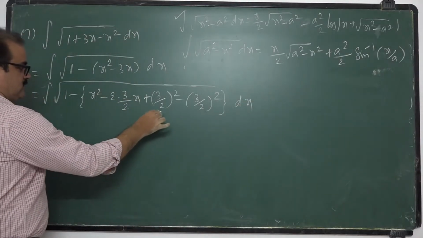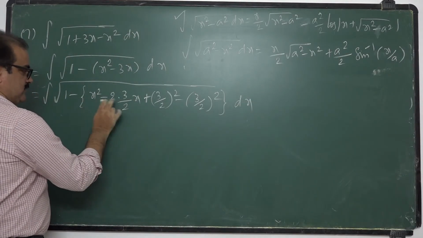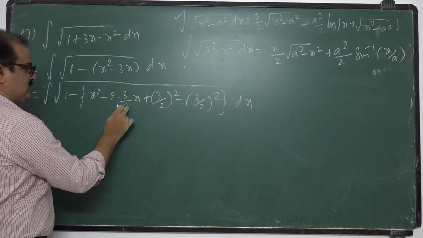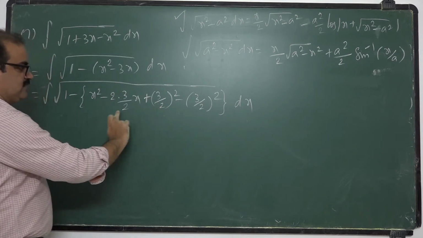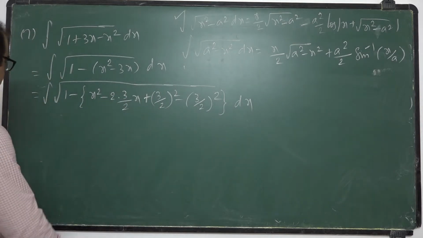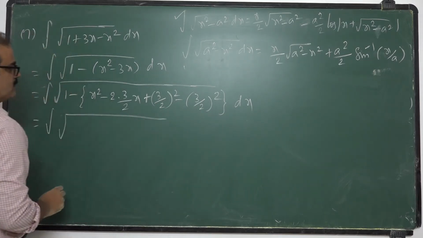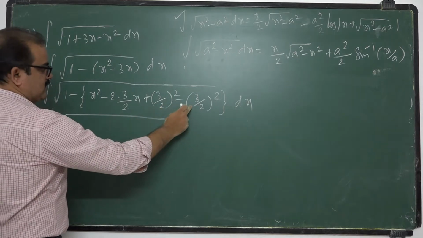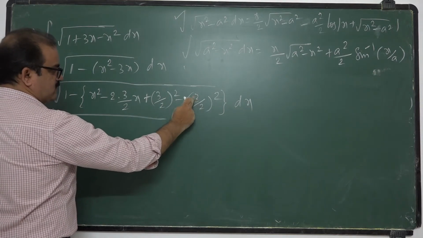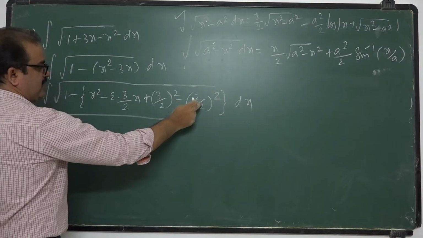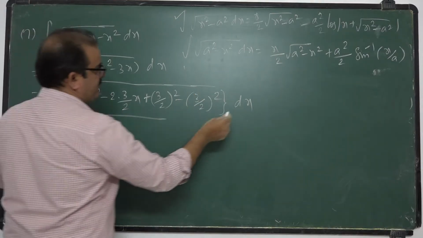Now see the first 3 terms, they are in the form of a square minus 2ab plus b square, that is a minus b whole square. Constant term minus 9 by 4, 3 by 2 whole square is 9 by 4. 1 minus 9 by 4.